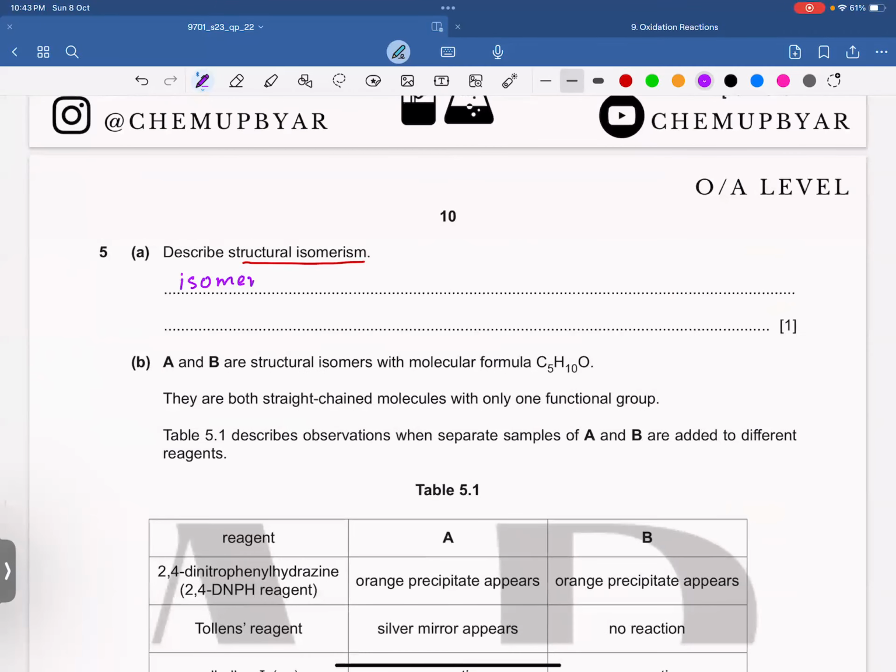Isomers having the same molecular formula but different structures.